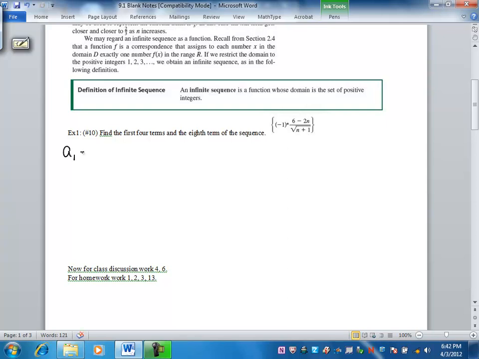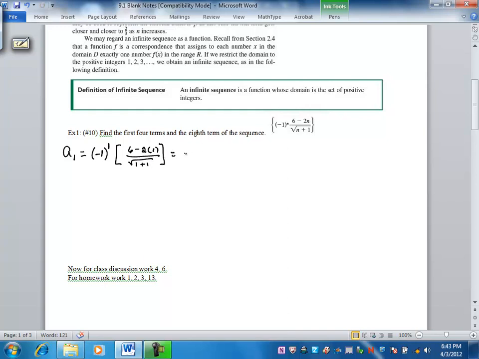The first term of this sequence is defined by -1 to the, now you see n here is 1, -1 to the 1. And then we're going to multiply by 6 minus 2 times 1 over the square root of 1 plus 1.